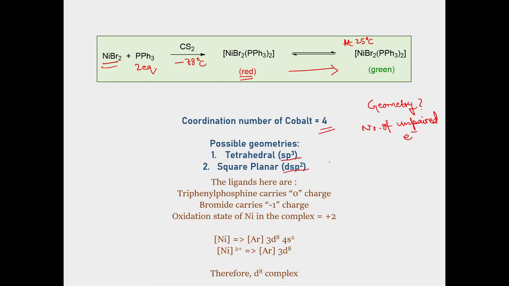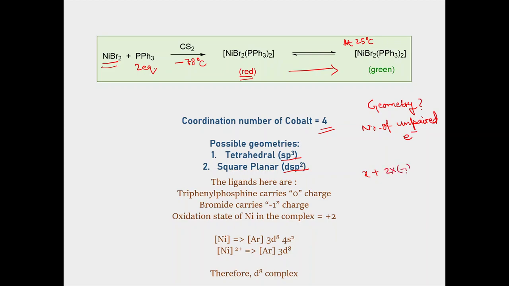Okay. So in this case, can anyone work out the oxidation state of nickel? Plus 2. Yeah, so how is plus 2 coming? If we consider the oxidation state of nickel as X, bromine carries a charge of minus 1 and there are two bromine.